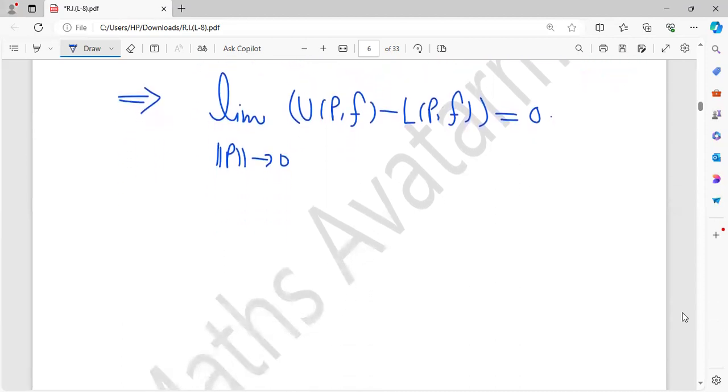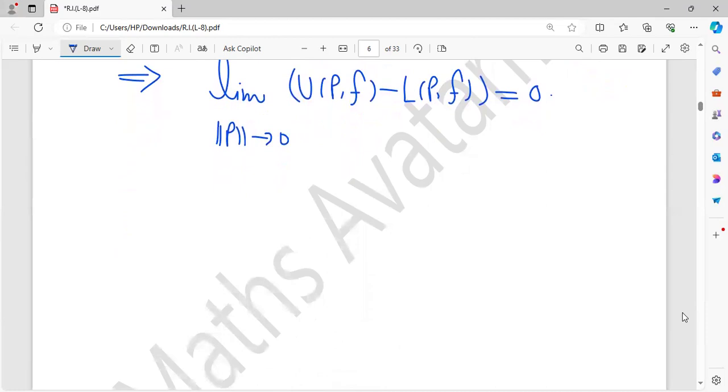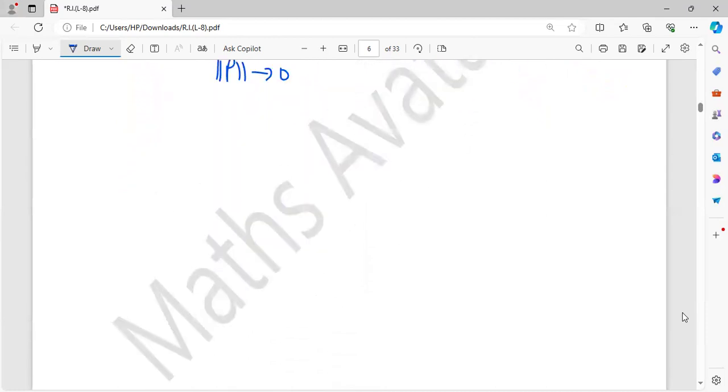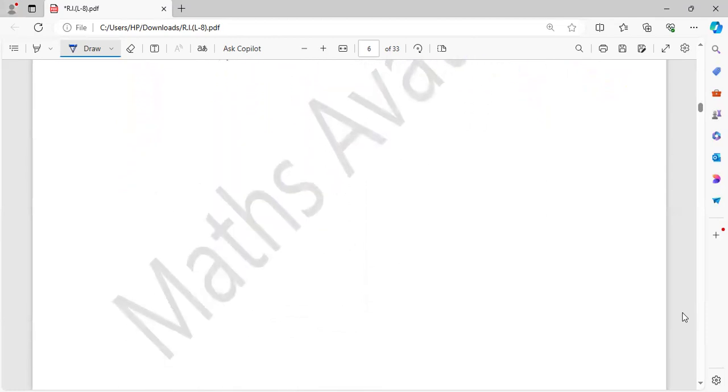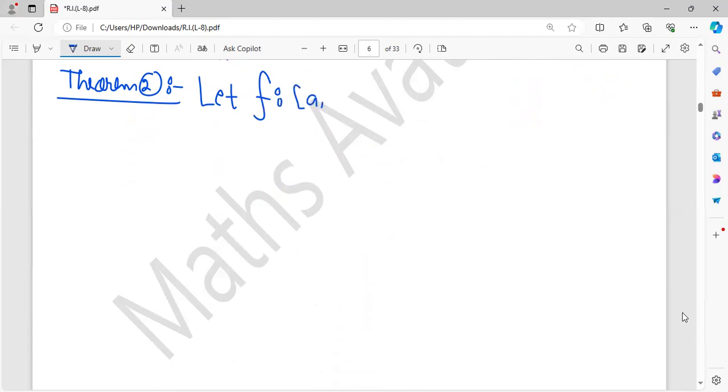Now we are going to prove another theorem. Let's say it's theorem 2. Let f: [a, b] → R be a bounded function.